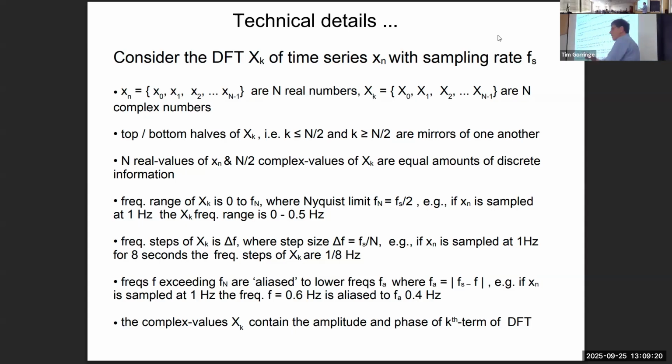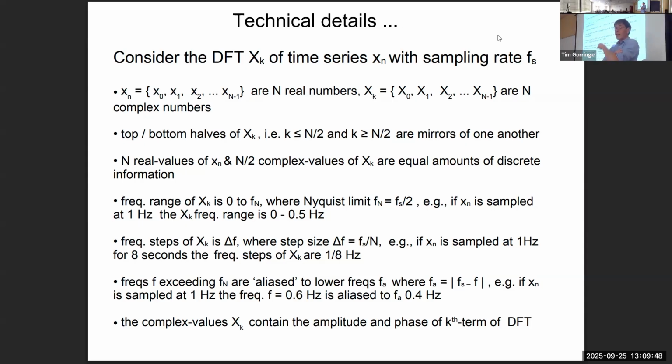We said that in the frequency domain, the frequency domain samples are complex numbers. They have a real part and an imaginary part. The real part tells you the amplitude of that frequency in your data, how large or small that particular frequency contributes to your data.